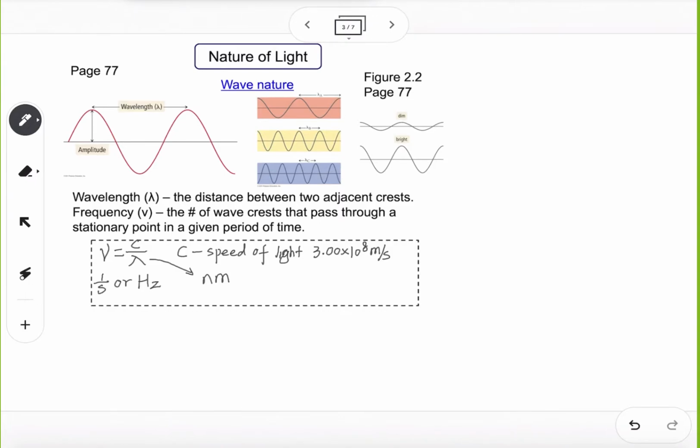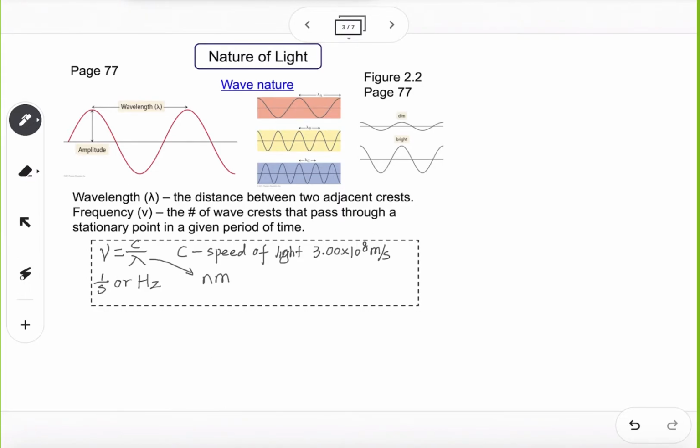But of course, you can use centimeter, you can use picometer, and it really depends on what wavelength or what frequency you are talking about. But nanometer is the most common unit for wavelength.